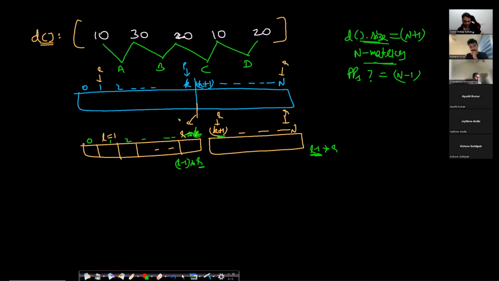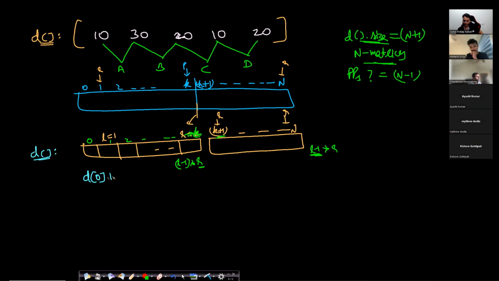If you see this, these are two sub problems, isn't it? What is the dimension of the first array? This is the D array, right?